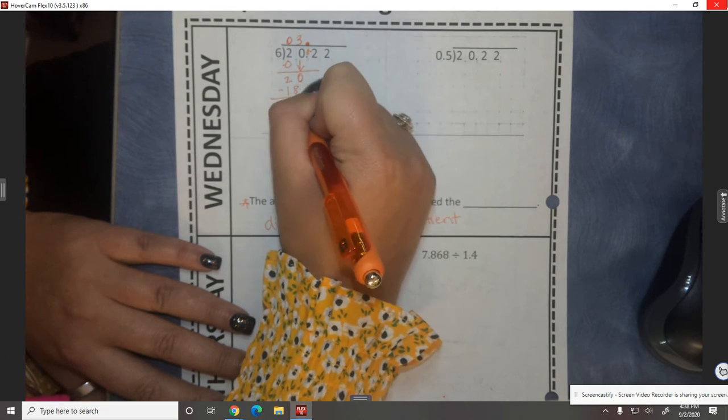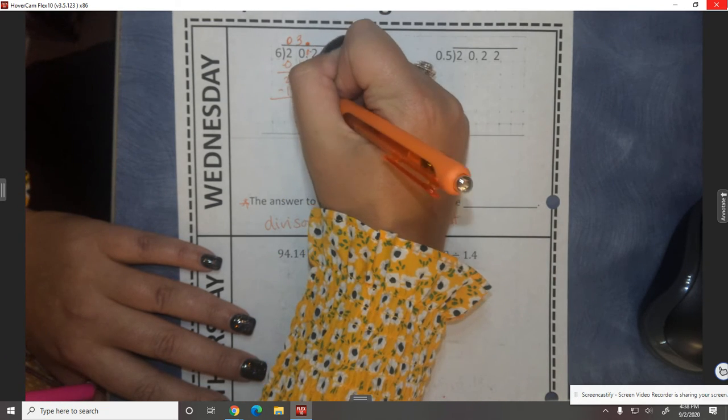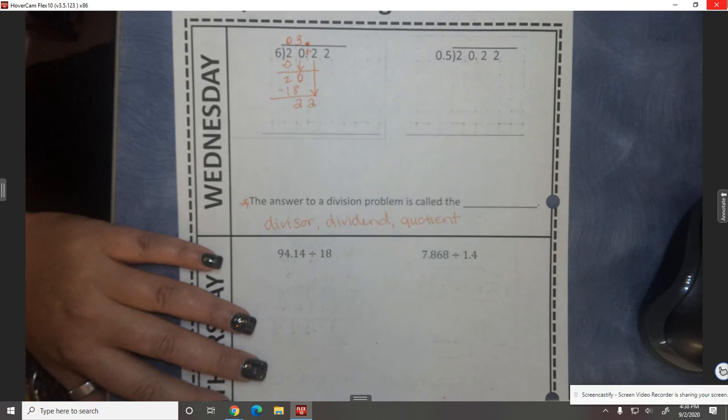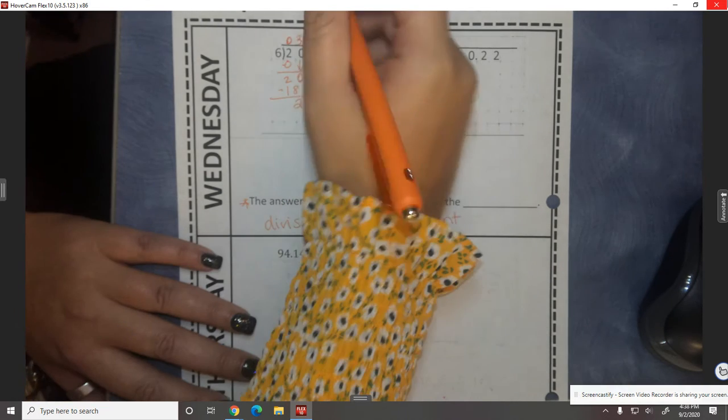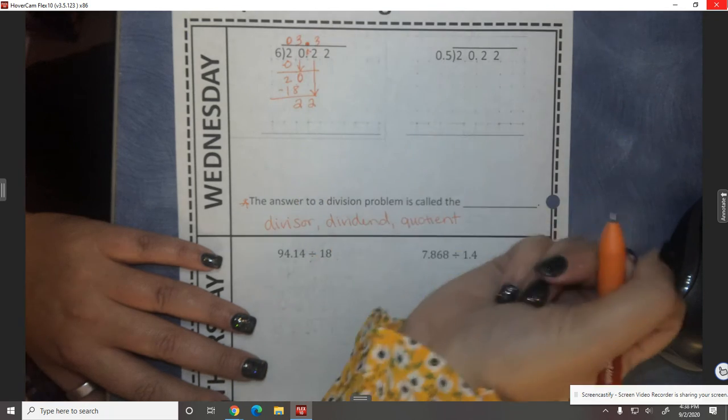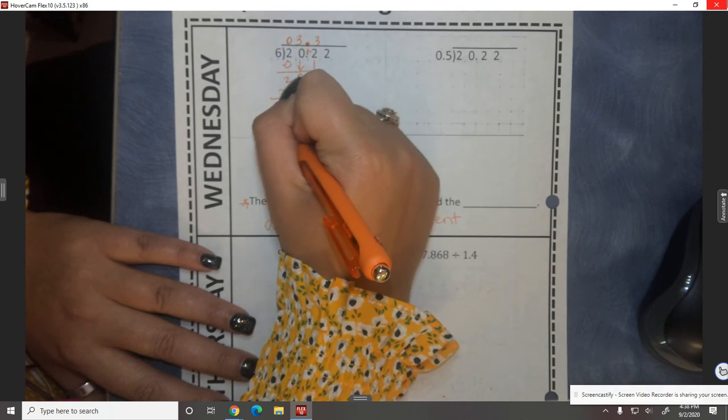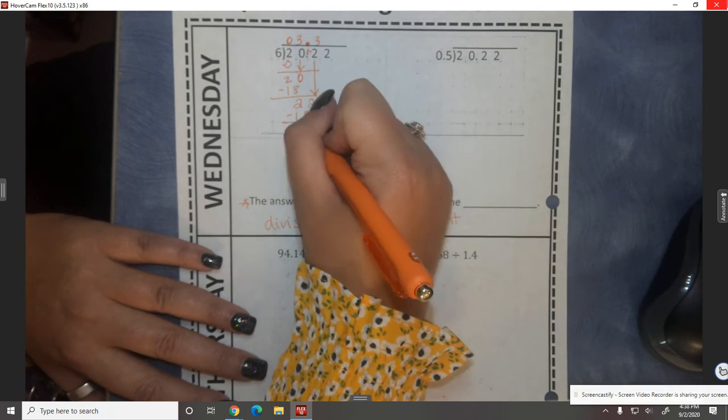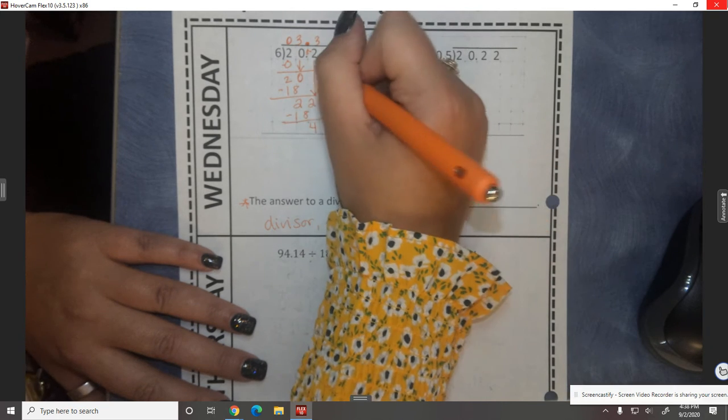Subtract, and I have 2 left over. I'm going to bring down my 2. We're going to be in the same situation here, but we're going to have to use 3 again for 18. When I subtract, I have 4 left over.